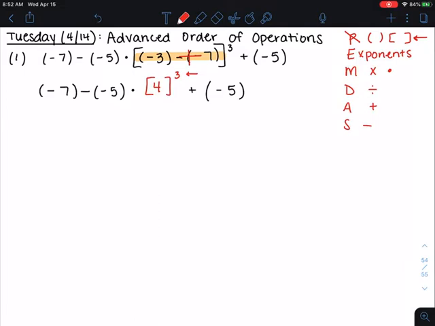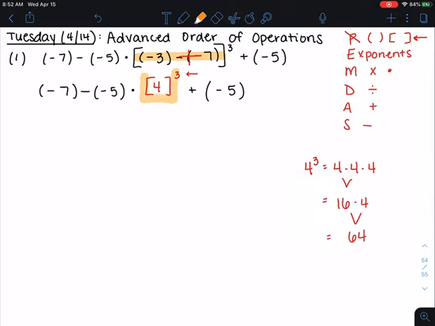Next is exponents. We have an exponent right here. Exponent is a little number on the top. That means this is the same thing as 4 times 4 times 4. 4 times 4 is 16. And 16 times 4, what is it, 48? 56, 64, I'm sorry.